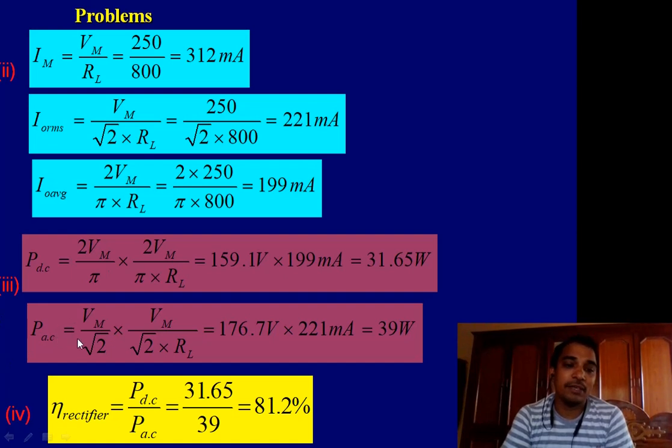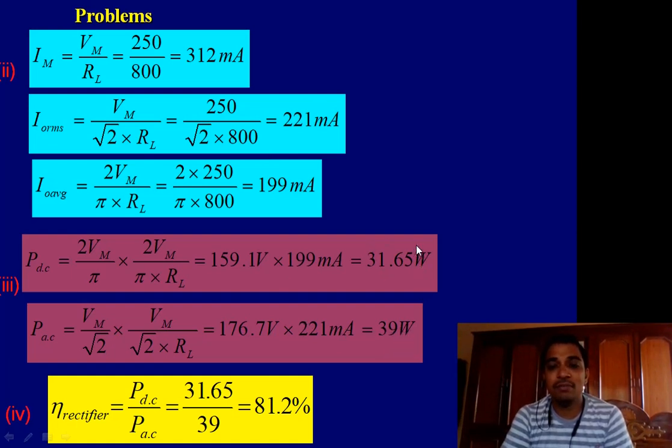The total AC power supplied is Vm by root 2, this is the V naught RMS, into I naught RMS, Vm by root 2 into RL. This is 176.7 volts, and just now we found 221 milliamps. Combined, that is 39 watts.